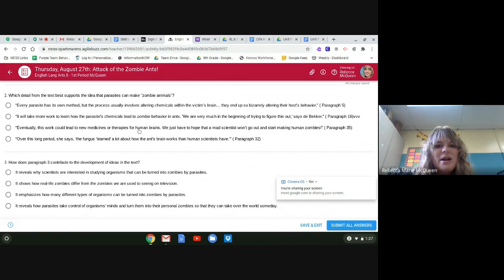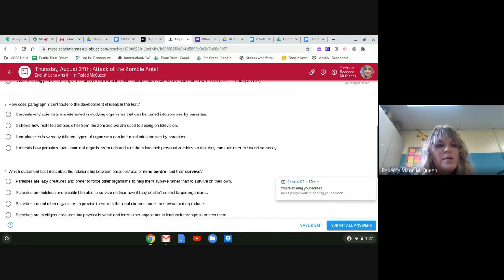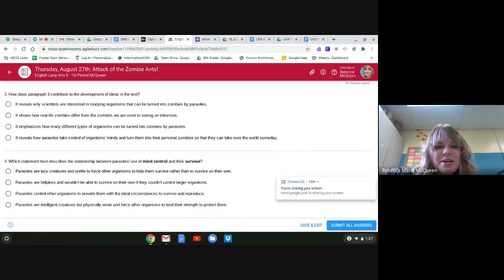This one's talking about human brains. That's not what the question is asking. Therefore, by process of elimination, this is the correct answer. Every parasite has its own method, but the process usually involves altering chemicals within the victim's brain, and then they alter their host behavior.